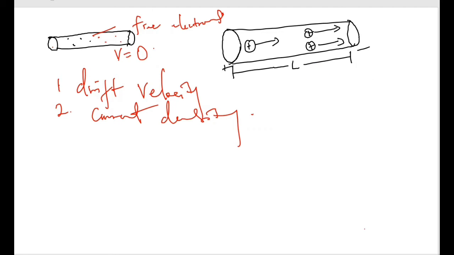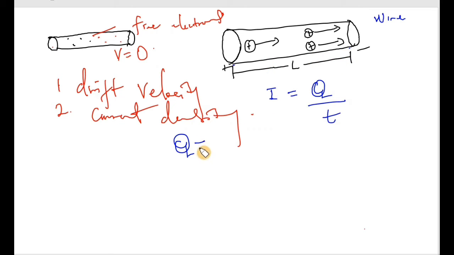We define current as the rate of flow of charge. So current is charge per unit time, and this charge is the total charge. If from here to here is the length of this conductor, which here is a wire, this is the total charge that flows in this wire in this direction.